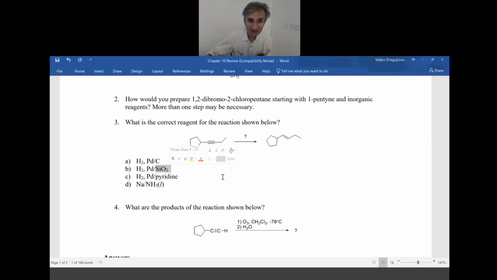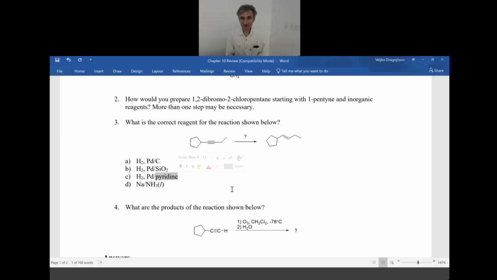The correct answer is C. Hydrogen in the presence of palladium with pyridine. That's the so-called Lindlar catalyst. Pyridine is a catalytic poison. So it poisons palladium, makes it less efficient as a catalyst. And now, as it's less efficient as a catalyst, it will only react with the more reactive alkyne, the triple bond, but it will not react with the less reactive alkene, the double bond.